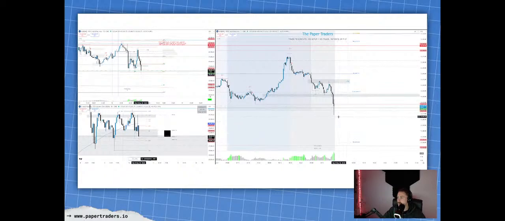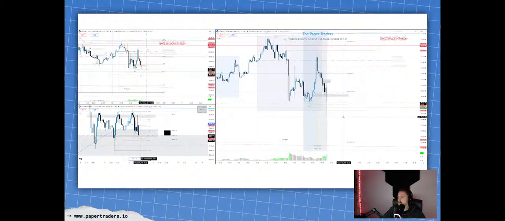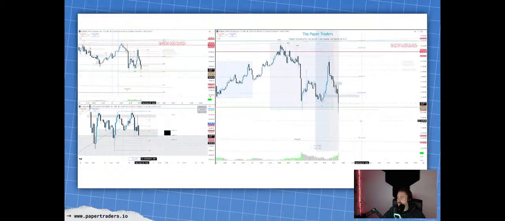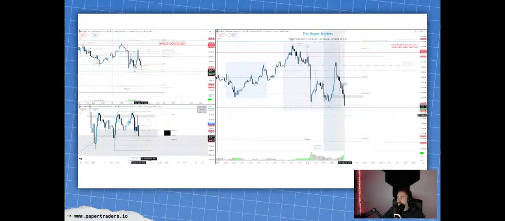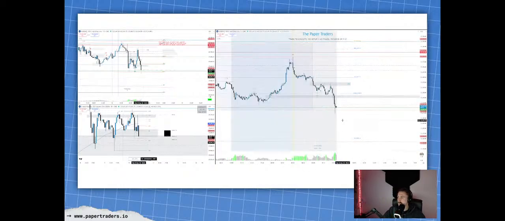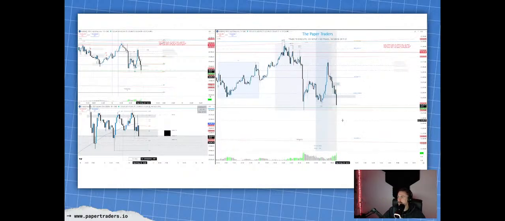Bodies are holding that 12-hour level so far. Below the 50% of that day.